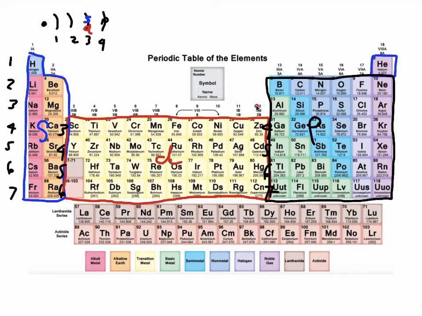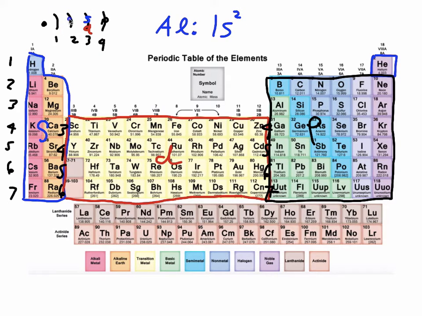When we write something called the electron configuration for any element, let's say aluminum, the way we do it is we simply count starting at atomic number 1, 2, 3, 4, 5, 6, 7, 8, 9, 10, 11, 12, 13 until we arrive at aluminum. So the very first electrons in aluminum are in the 1st energy level, in the s orbital, and there are 2 of them.